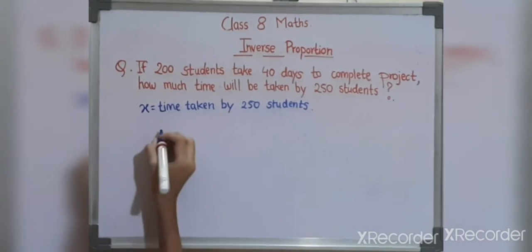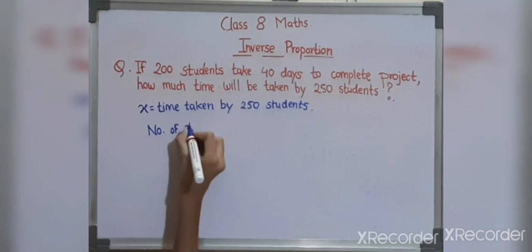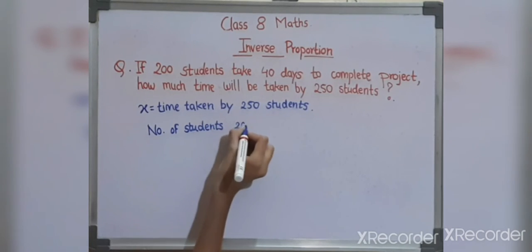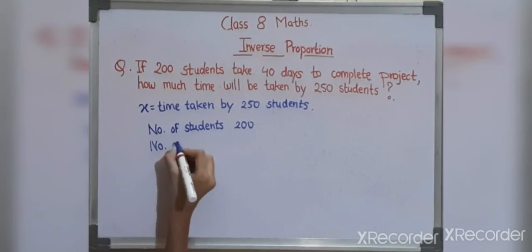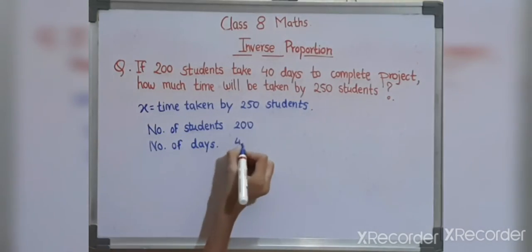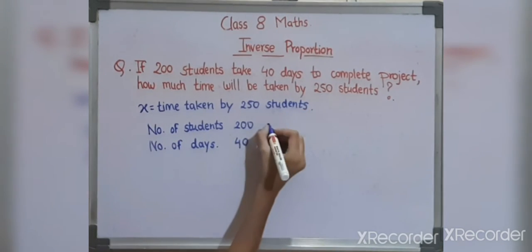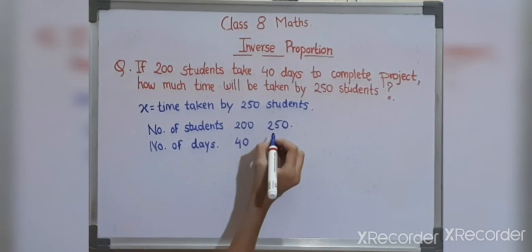So here number of students is 200. Then number of days taken is 40, and here number of students is 250, and we need to find the number of days taken by them.